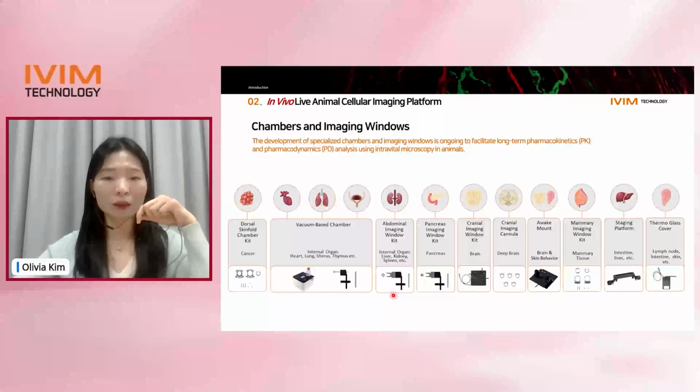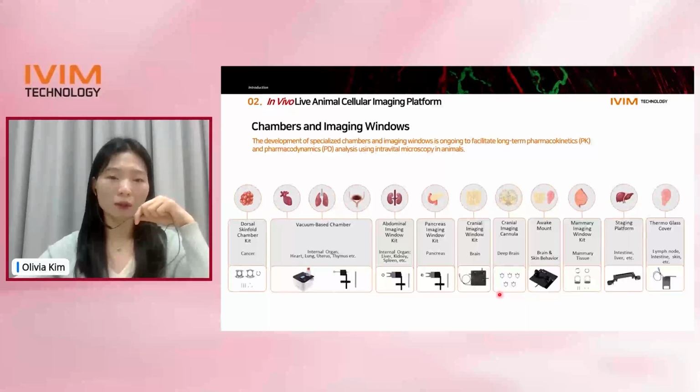For abdominal organs, longitudinal imaging is possible for approximately 2 to 4 weeks. For the heart and the lung, because the procedure requires opening the thoracic cavity, in vivo imaging is typically possible for 2 to 4 hours, while the animal remains physiologically stable. In contrast, for brain imaging, surgical intervention is minimal aside from the initial implantation of the cranial window.